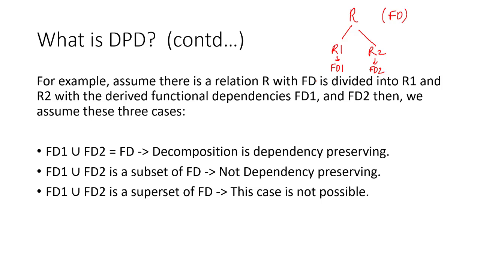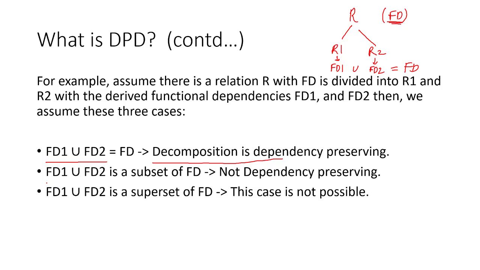Now, there may be three possible cases. If the union of the functional dependencies FD1 union FD2 is equal to FD, then we can say that the dependency is preserved.